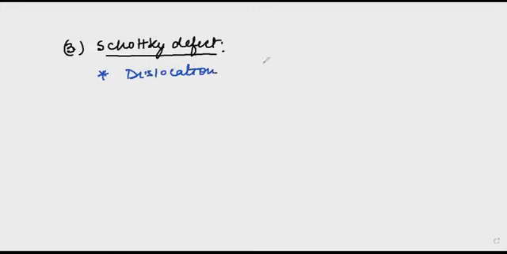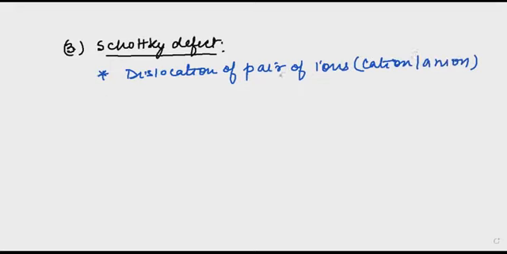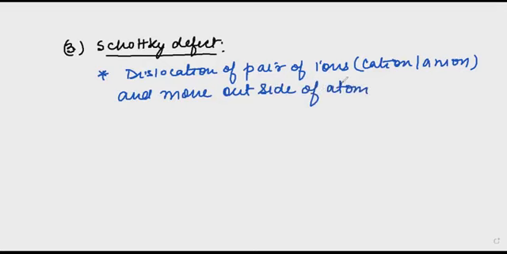Dislocation of pair of ions, means cation and anion, and move outside of the crystal.